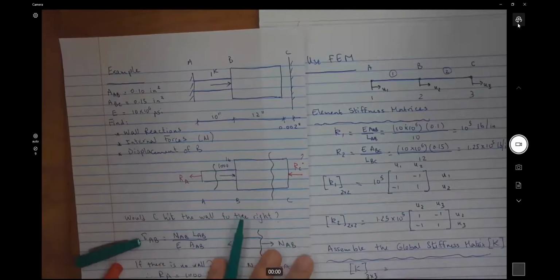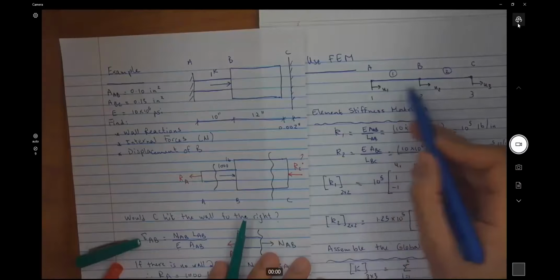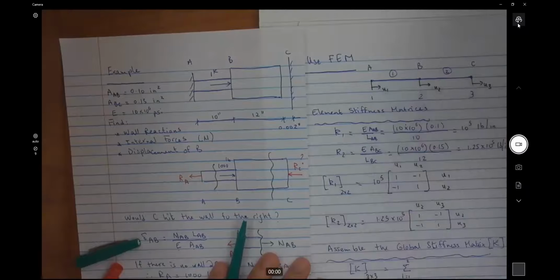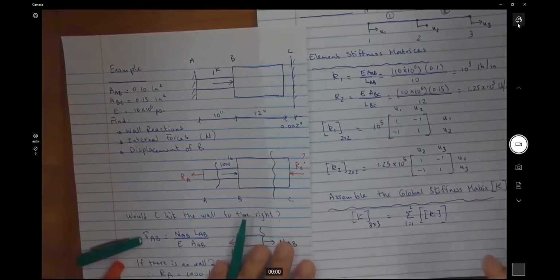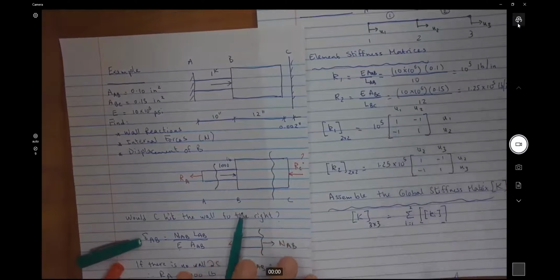And it's going to be equal to the sigma from i equal 1 to 2, because I have 2 elements, of the K i's. And we want to make sure that when we do the summation, every element is going into its corresponding location.